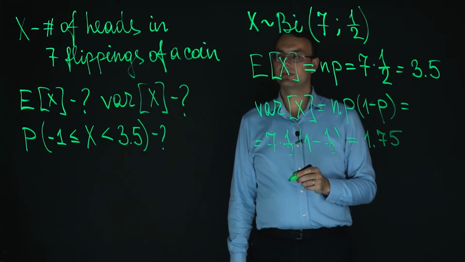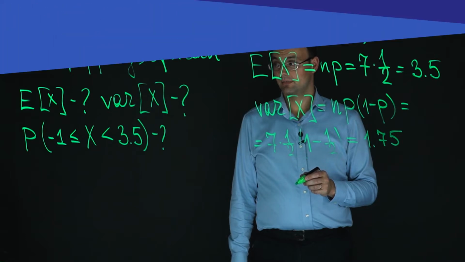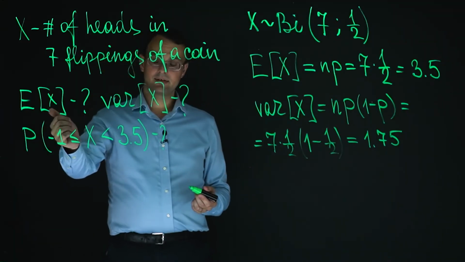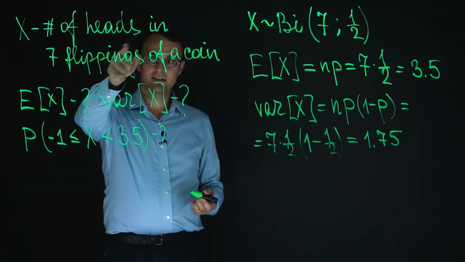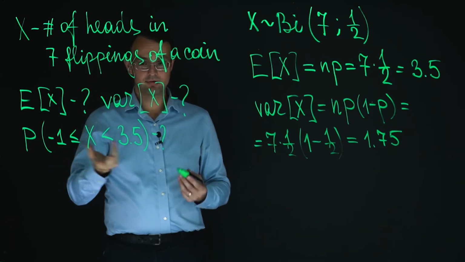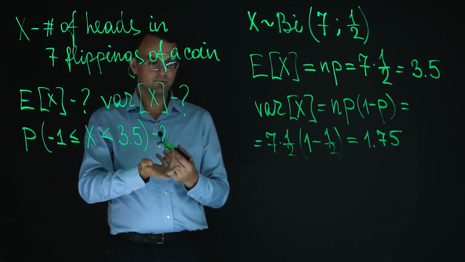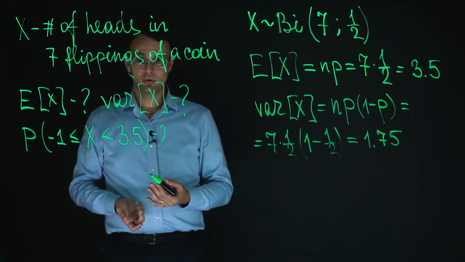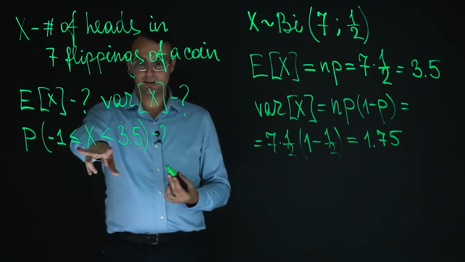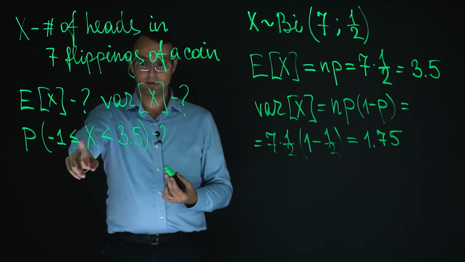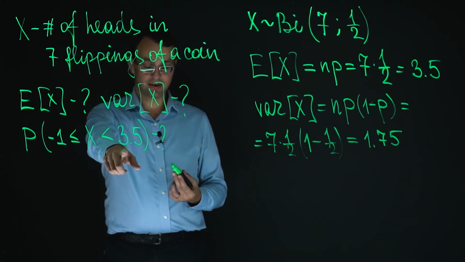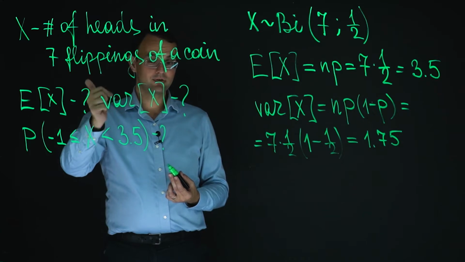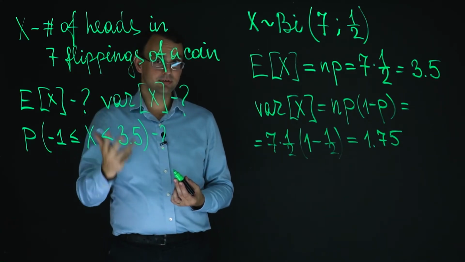And as for the probability, you say that number of heads in 7 flippings can take values 0, 1, 2, 3, 4, 5, 6, 7. So which of these values are in this range between -1 and 3.5? So 0, 1, 2, and 3. 4 values.